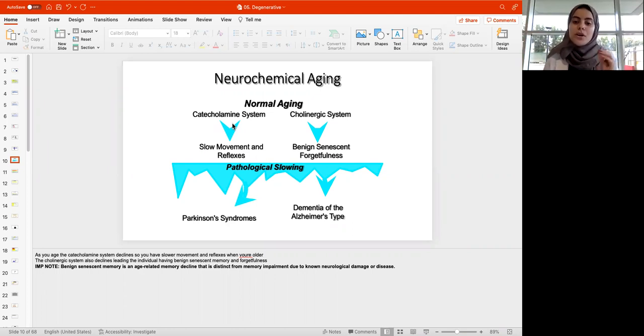But you need to know that benign senescence is not due to a known disease. It's something that happens with time, with normal aging. Now, pathological slowing is when you have Parkinson's syndrome and dementia of the Alzheimer's type. As you know, Parkinson's syndrome is related to the catecholamine system, and Alzheimer's is related to the cholinergic system. So I'm guessing that's why he put them here.